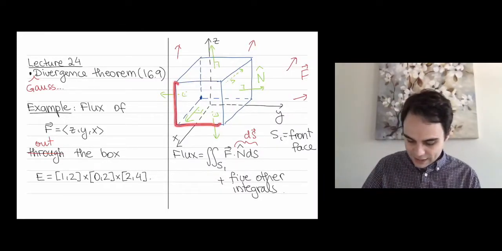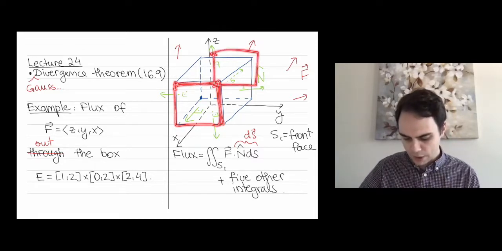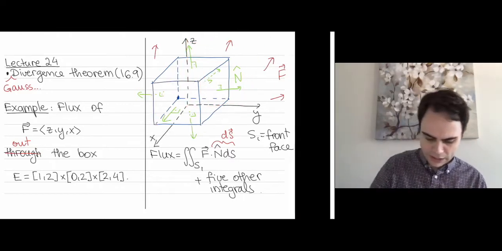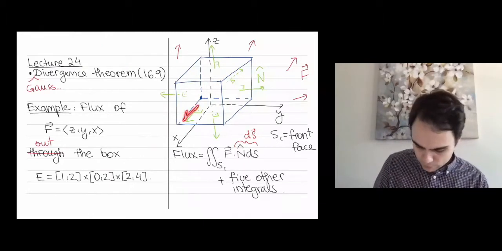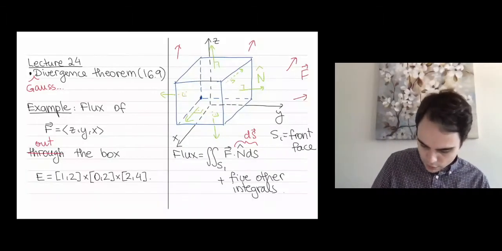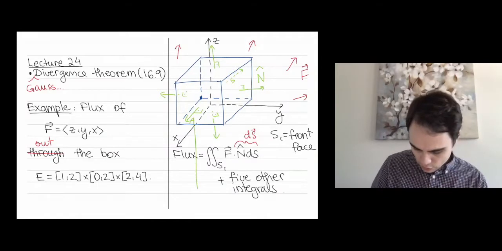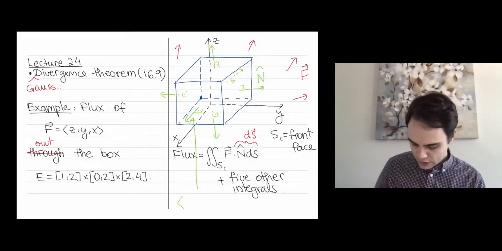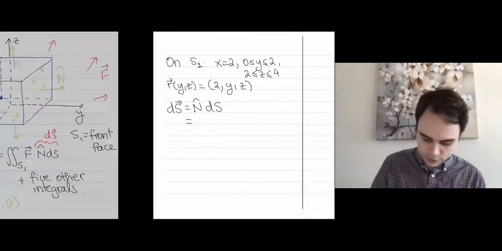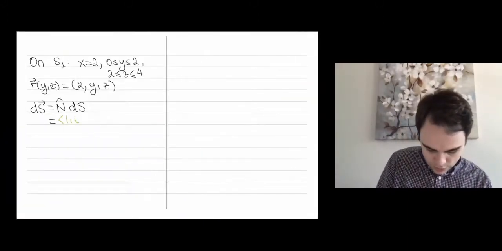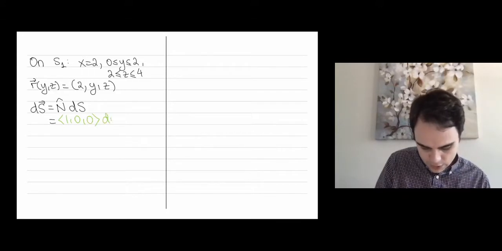So this face just lives in a copy of the YZ plane. So area here is the same as area in the YZ plane. That's the dy dz. And the normal in green, this normal over here, just points in the i direction. It's 1, 0, 0. Right? I can see this from the picture. So this is 1, 0, 0 times dy dz.